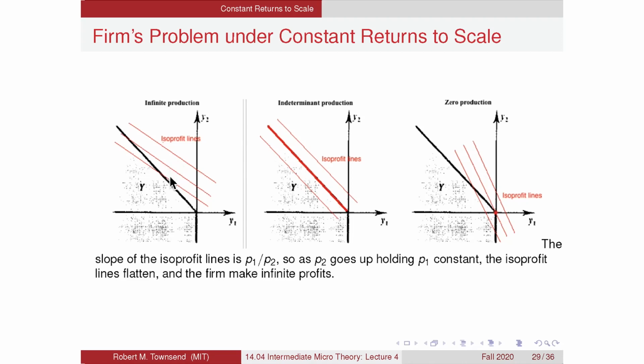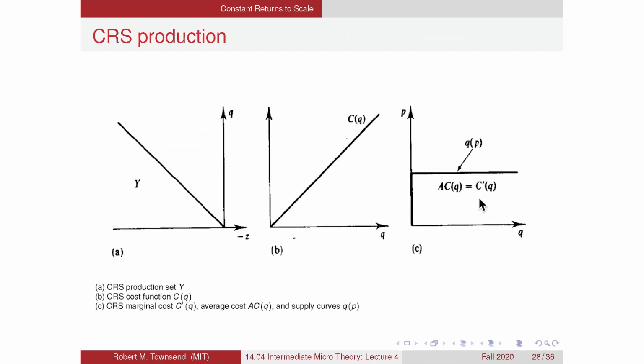So this, when price of the output is going up, this thing's going down, these lines are getting flatter. And when they get sufficiently flat, then you go ballistic and you can make infinite profits, which is consistent with this diagram, except that it's never defined at a higher price because there is no determinate outcome.